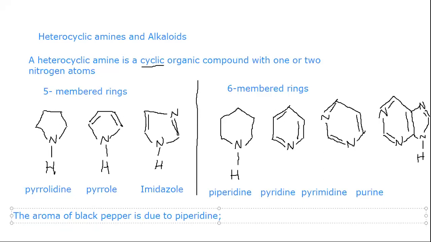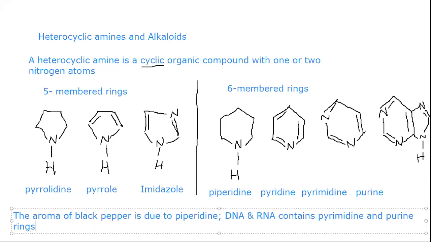And also, if you guys think about our DNA, RNA contains what? Our DNA and RNA contain purine and pyrimidine rings.